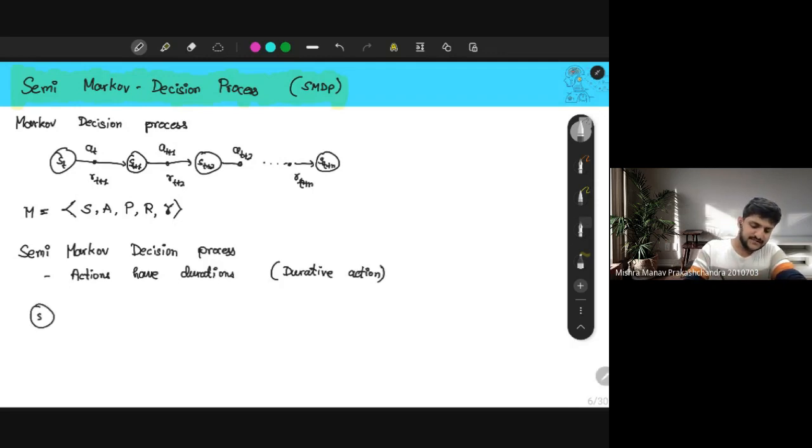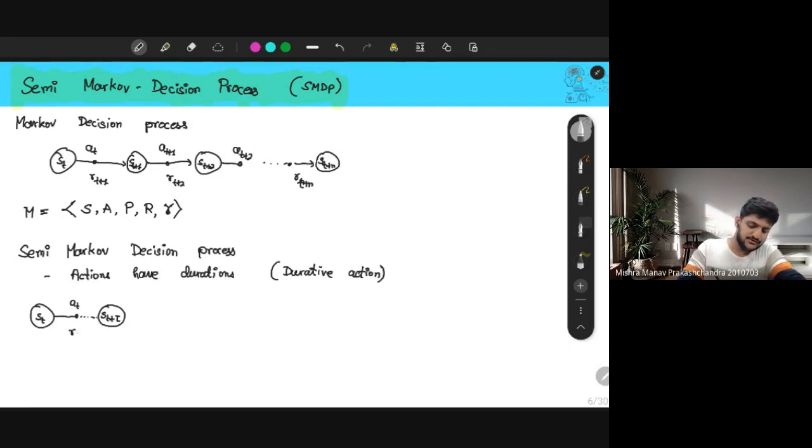So you start off with some initial state S_t. Here you take action A_t, and then let's say A_t is not executed immediately. Okay. It takes some time tau to finish the particular action. Okay. So let's say this next state is reached at time t plus tau. Okay.